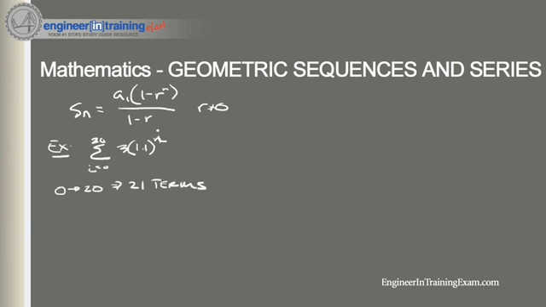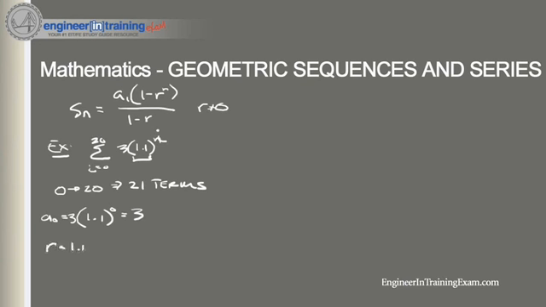So a1 will be 3 times 1.1 raised to the 0, because the first term a1 is actually a0, and that is 3. And we see that each term is multiplied by, therefore the common ratio is already given, r is 1.1.